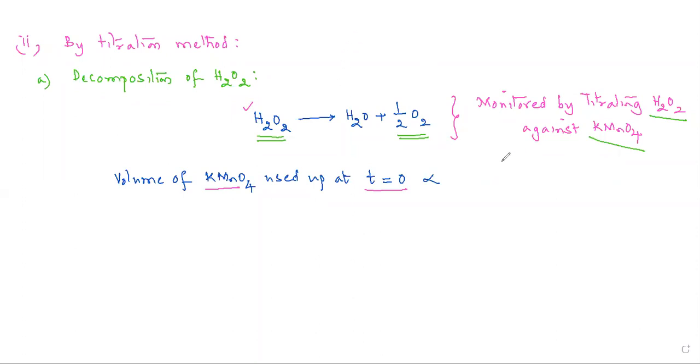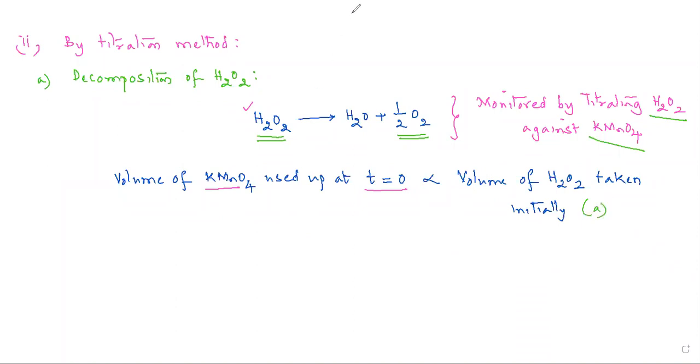So this can be given as directly proportional to the volume of hydrogen peroxide taken initially or at the beginning of the reaction. This is nothing but our a.